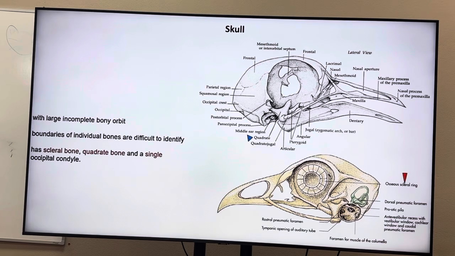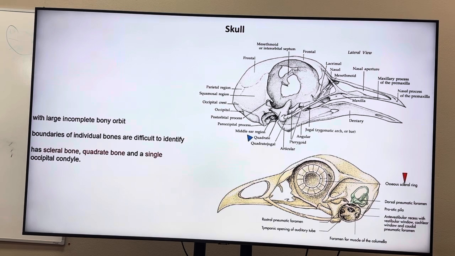So we are just primarily going to focus on key areas of variations, and one of the areas of variation here is the articulation between the mandibles and the skull.